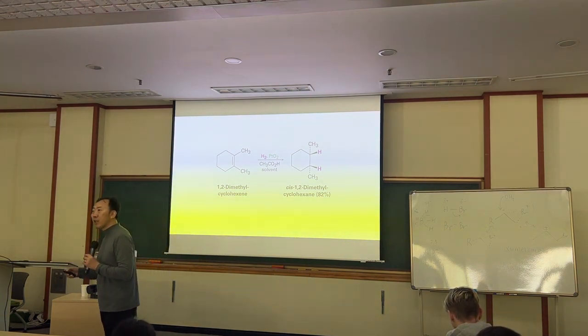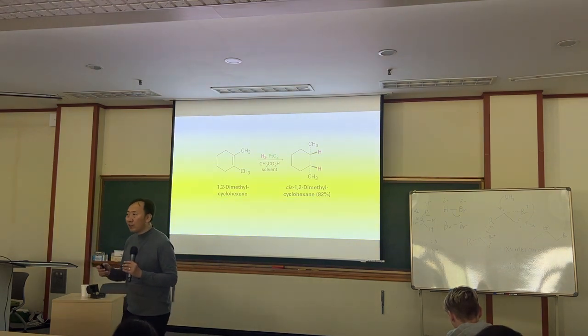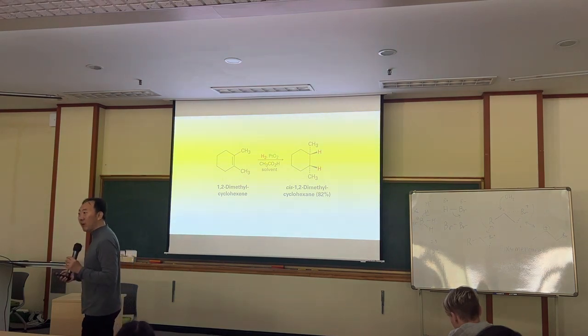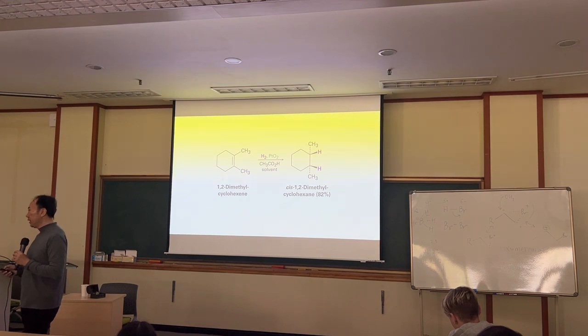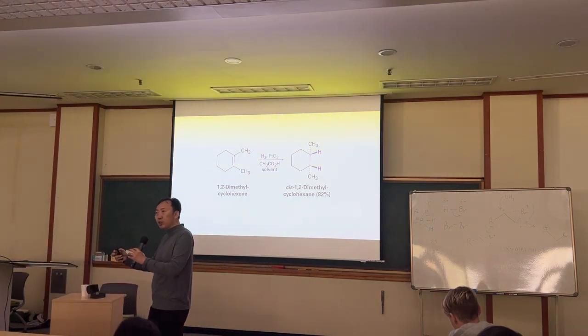In oxidation number calculation, we assume the bond is a 100% ionic bond. That's the definition of oxidation number. The electron is shifted more toward the carbon, and that's why it's reduced.